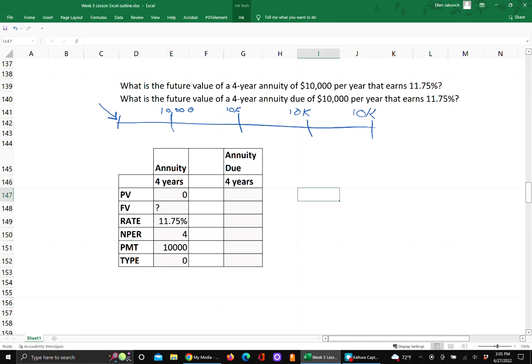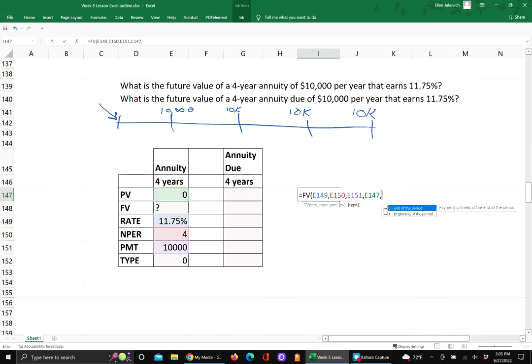And once again, just like with single amounts, same formula. But we just say equals future value, open parenthesis, and Excel will tell us what to put in. The rate, I'm just going to click on it. The rate is 11.75%, comma, number of periods, 4, comma, payment, 10,000, comma, present value is 0, comma, and type, 0, and close parenthesis, boom.